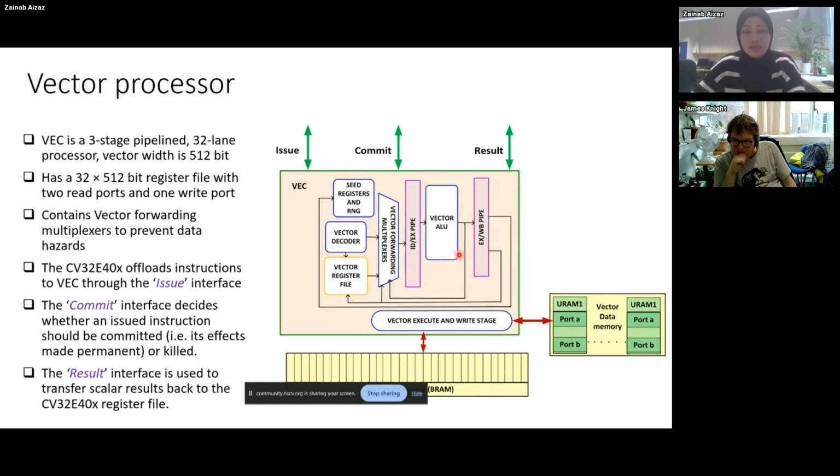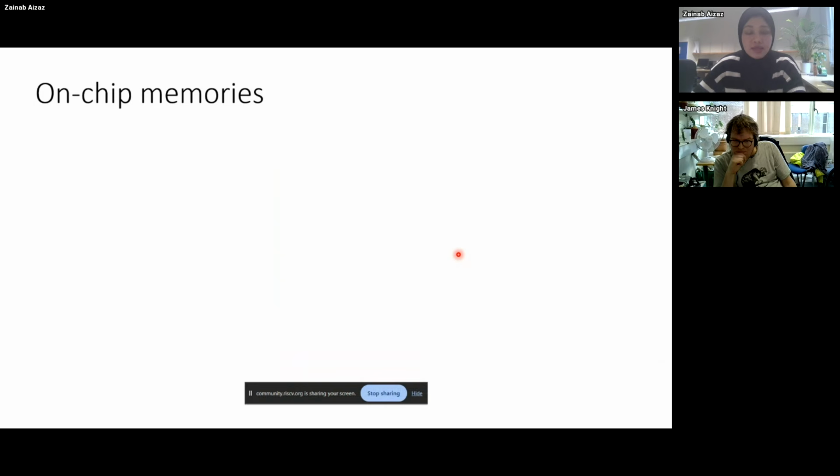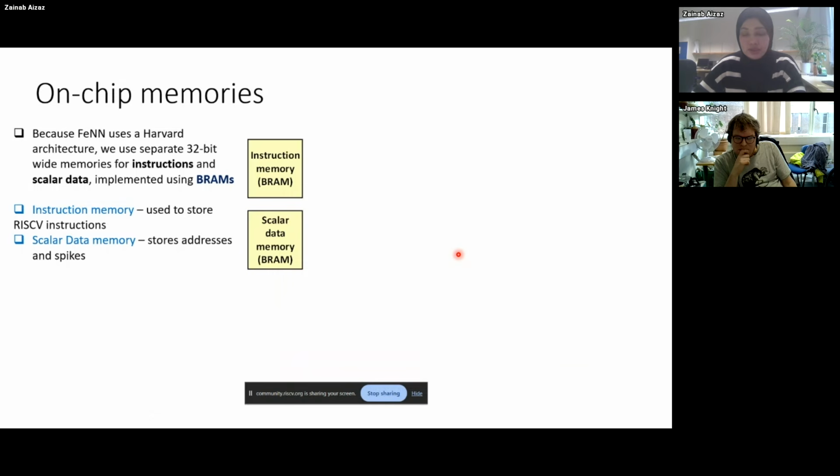So this was our vector processor, and you should know what the memories are and what they are made up of. The instruction memory and scalar data memory are the memories of the coprocessor in a RISC-V Harvard architecture. The instruction memory in our case holds RISC-V instructions, and the scalar data memory holds addresses and spikes.